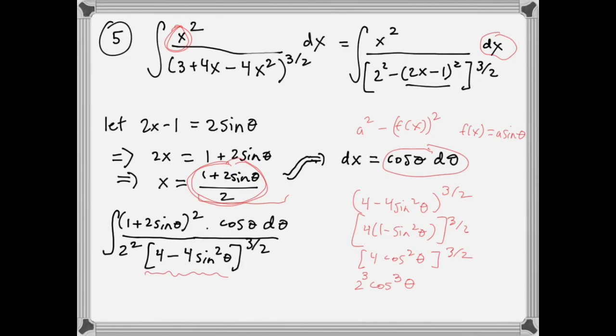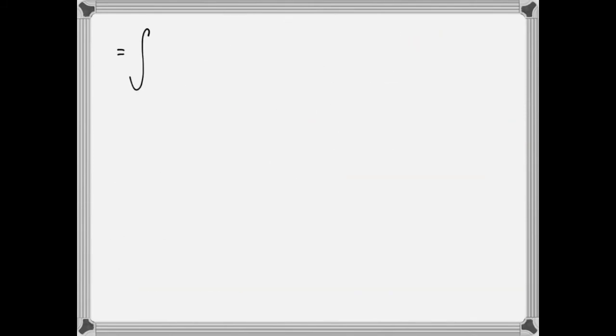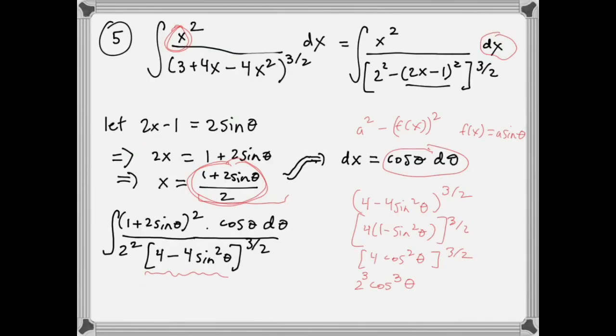All right, so here's what we get. Let's write this on the next line. I want to make sure I don't make a mistake when I copy this over, right? So we have the integral of, let me do the top first, 1 plus 2 sine theta squared. And then I have a cosine theta d theta.